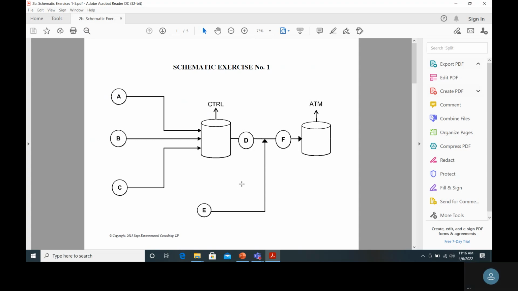Now, you're going to leave this one as if it was a controlled waste management unit tank, but you're going to make this one an enhanced biodegradation unit.